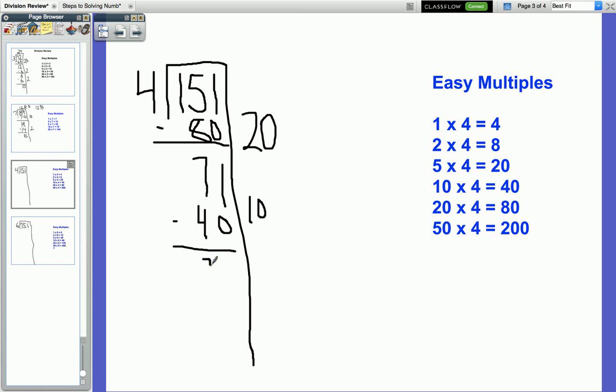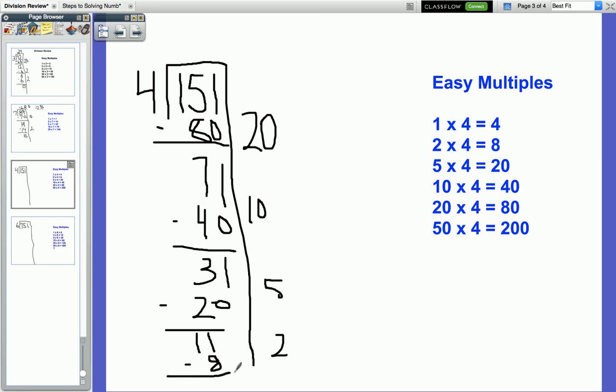I have 31 left. Like I said earlier, if you know of 4 times something that will get you close to 31, you go right ahead. Okay, I'm going to use the easy multiples. So the closest I can get to 31 is 20, so that's 5 groups of 4. I have 11 left. And then I can do 2 more groups, and that's 8.